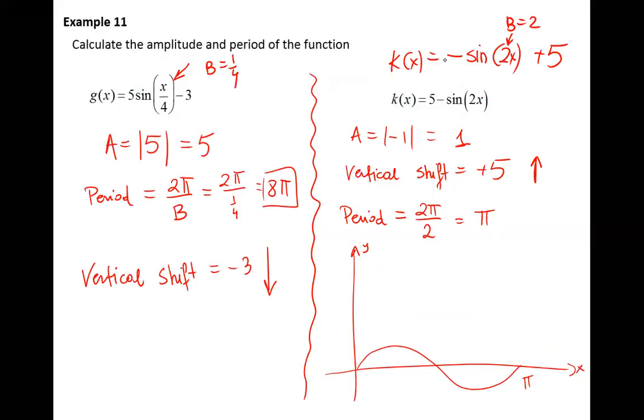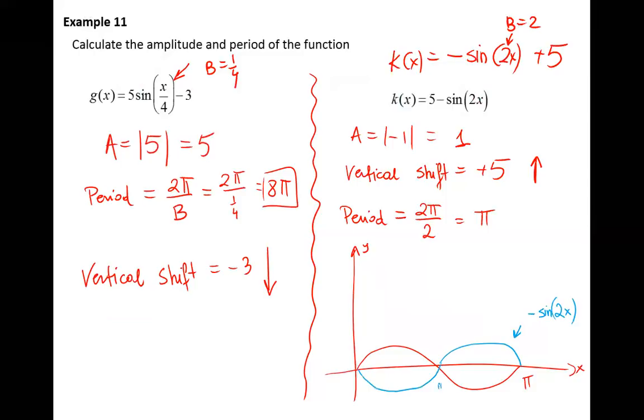Now, hopefully you remember from your pre-calculus class, negative in front of the sine function. Do you know how this negative is affecting the graph? We have to make it upside down. That means the blue one is negative sine of 2x.